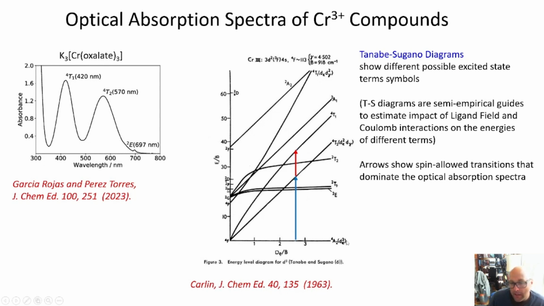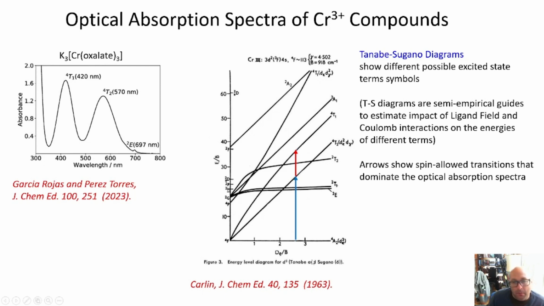And here they even list some notation for the configuration, that this is a triplet occupation of d orbitals. And then they show the important term symbols and how their energies relative to a parameter called B vary with ligand field strength, Dq, again in units of B.